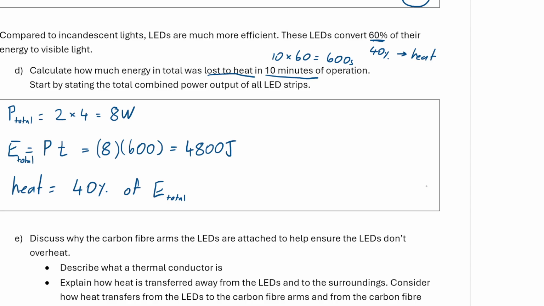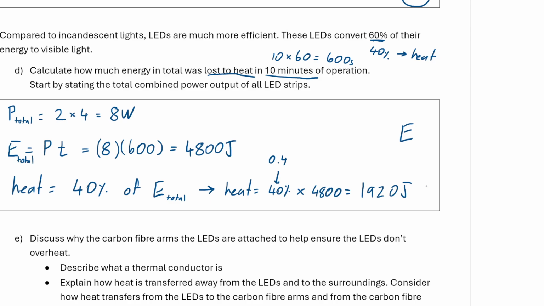So I'm just writing it out in full, just to make it easier to read, but you can skip that step and jump straight to heat equals 40% times 4,800. And if your calculator doesn't have a percent button, we know 40% is 0.4 as a decimal. So 0.4 times 4,800 gives 1,920 joules.